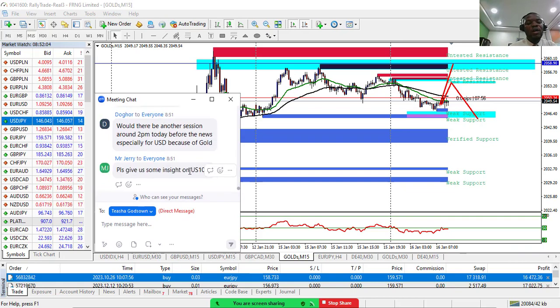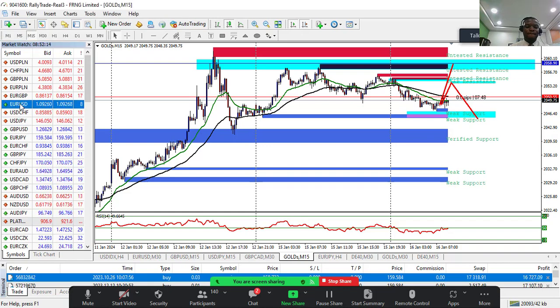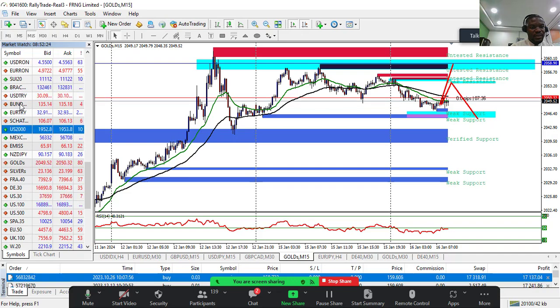Okay, now let's look at US 100. US 100, very fast. So, where is my US 100? And you said we should analyze USD pairs in preparation for the news.